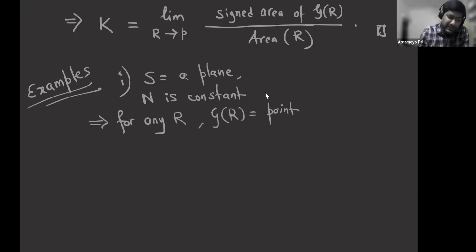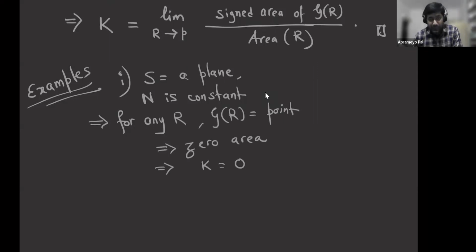And since this is true, the area is zero. And this means the Gaussian curvature is zero. Is the logic clear? It's very immediate.